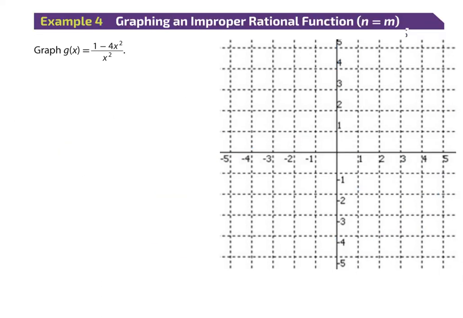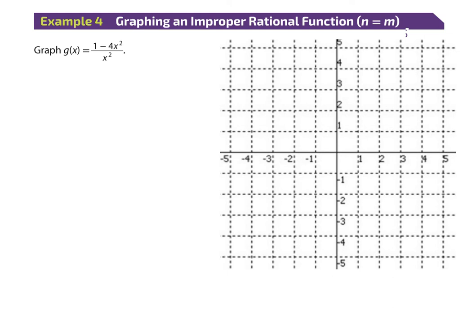All right, this is considered an improper. It's a little bit nice because it is one that has a shortcut. But the denominator is not smaller, so it's not just automatically y equals 0. Since they're the same, I can go ahead and figure out what my horizontal one will be using my shortcut.